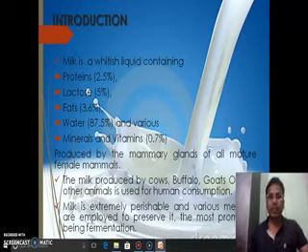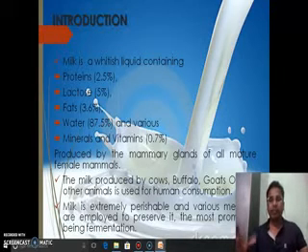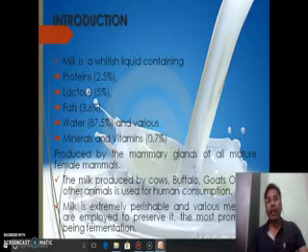Milk is nothing but the whitish liquid containing the proteins, lactose, fats, water, minerals and vitamins in various quantities. So this is the nutritive value of milk. It means the milk contains the proteins, lactose, fats, water, various minerals and vitamins.